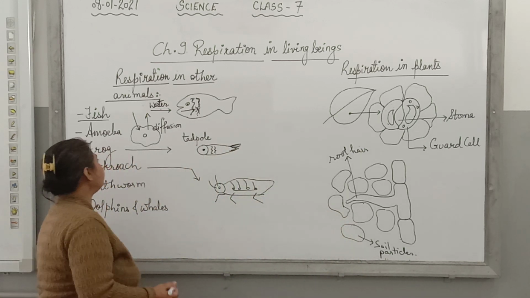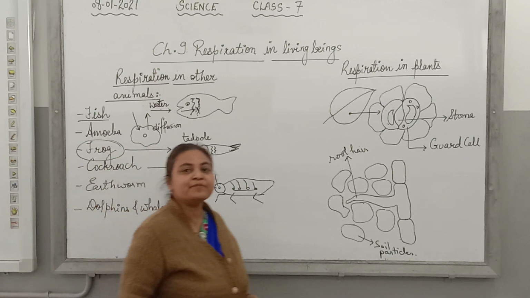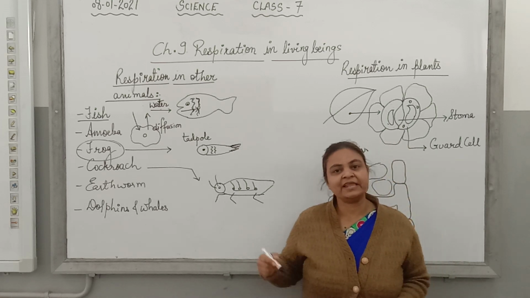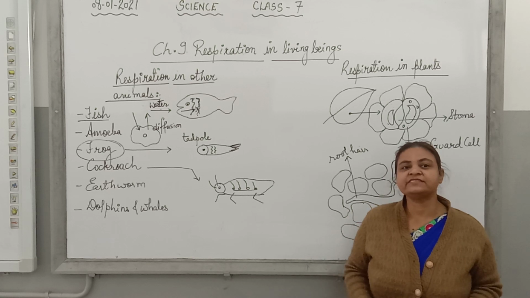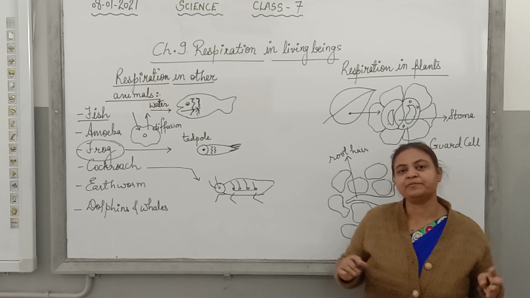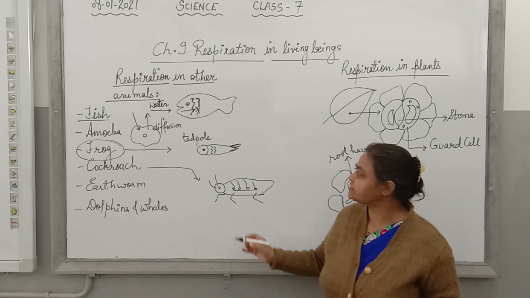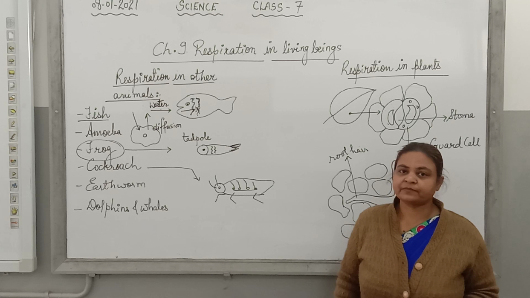Now, the third organism, frog. Frog is an amphibian. Means it can live on land as well as in water. So, it has special organs which help in breathing in both the places. Let us discuss first the breathing in baby frog, that is tadpole.